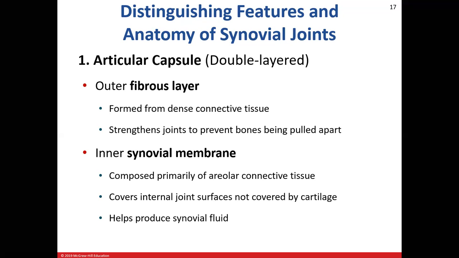We also have this synovial, or the inner membrane, and it's going to be composed primarily of an areolar connective tissue. And it covers the internal joint surfaces that are not covered by cartilage. It does help to produce the synovial fluid, but it also helps to contain the synovial fluid.